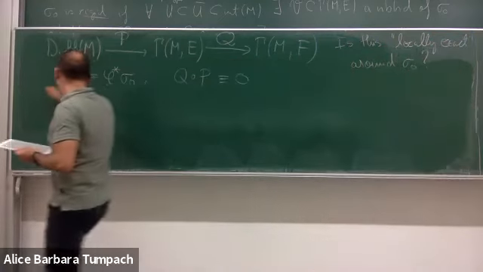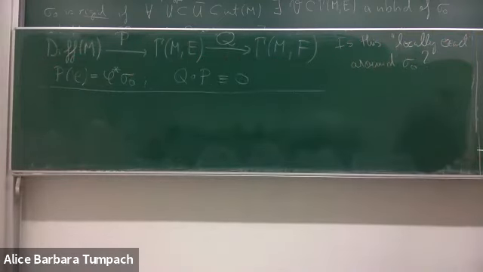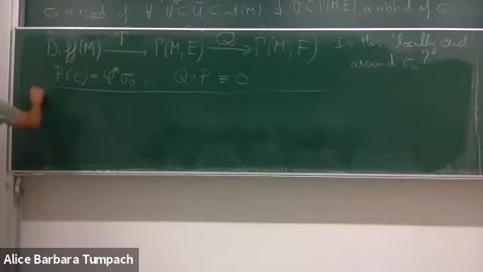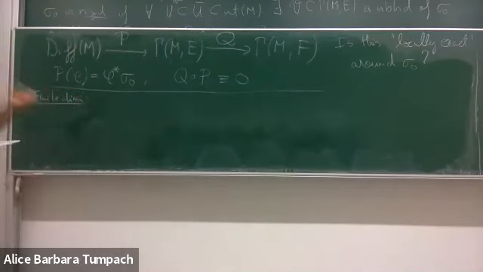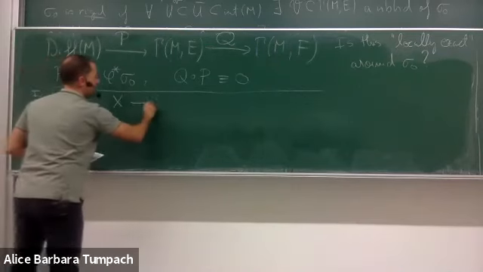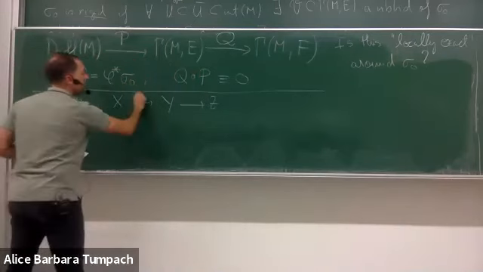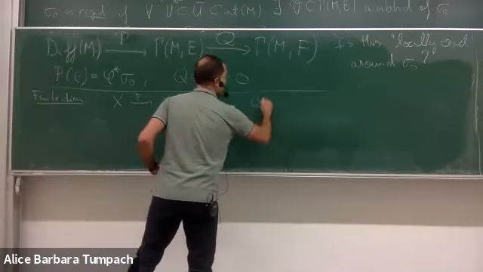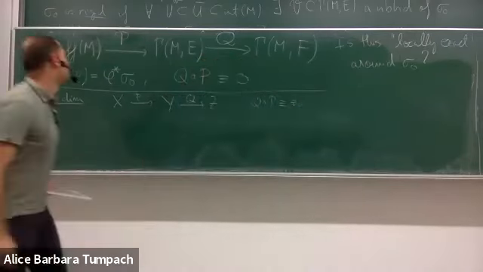First, what you can do is look at a finite dimensional version of this problem. In finite dimensions, let's say that you have manifolds X, Y, and Z and maps like this, P and Q, which satisfy the property that Q composed with P is constant, equal to 0.